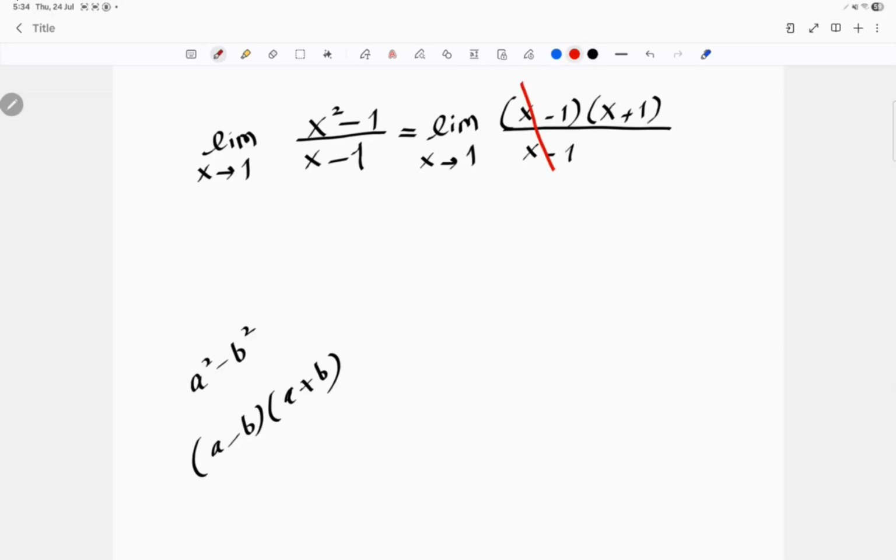Removable discontinuity at x equals 1. In a test, if you're given a graph, this would appear as a hole in that graph. Okay?